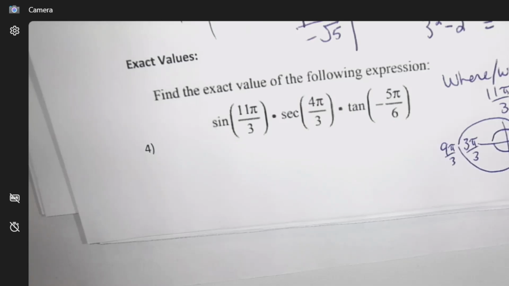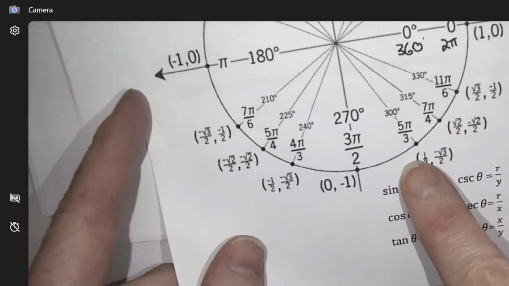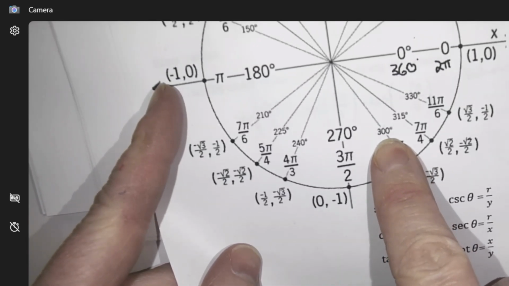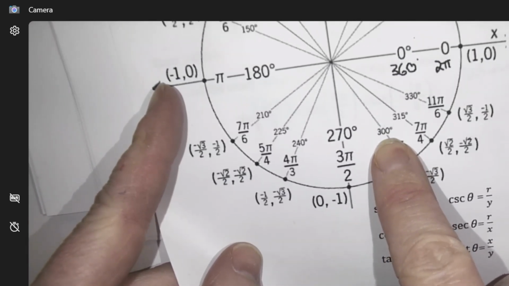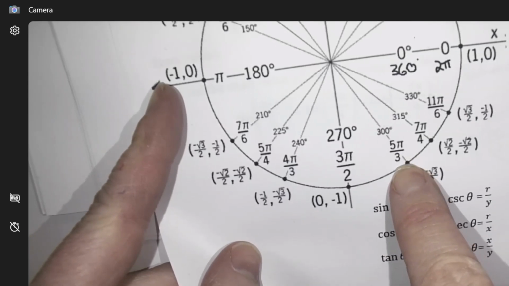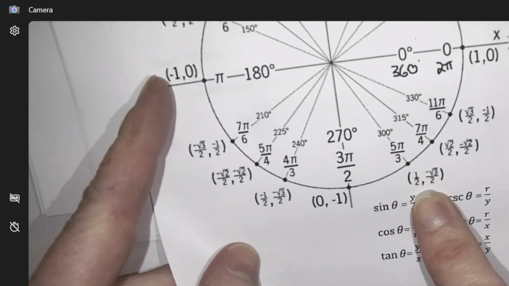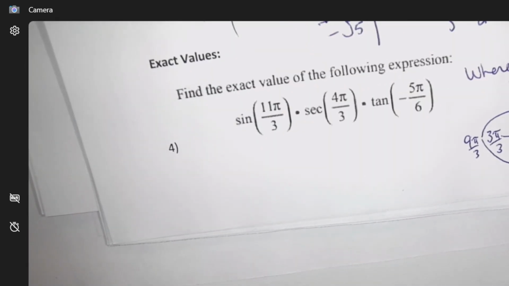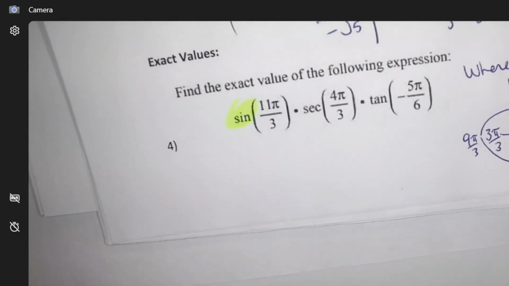So I'm going to look at my hopefully accurate unit circle that you've made yourself. I'm looking at 300 degrees. That's where I'm going to look. This is sine. So what do I do with sine?